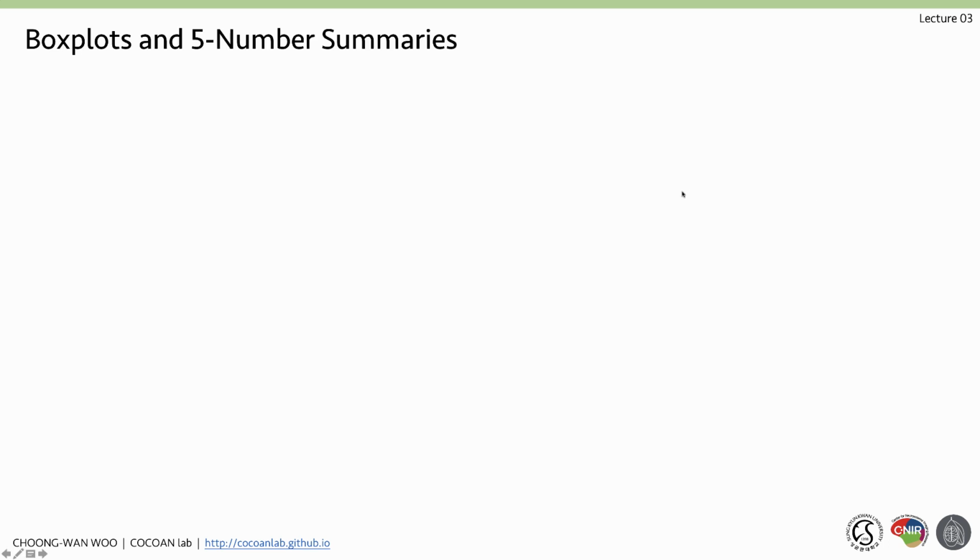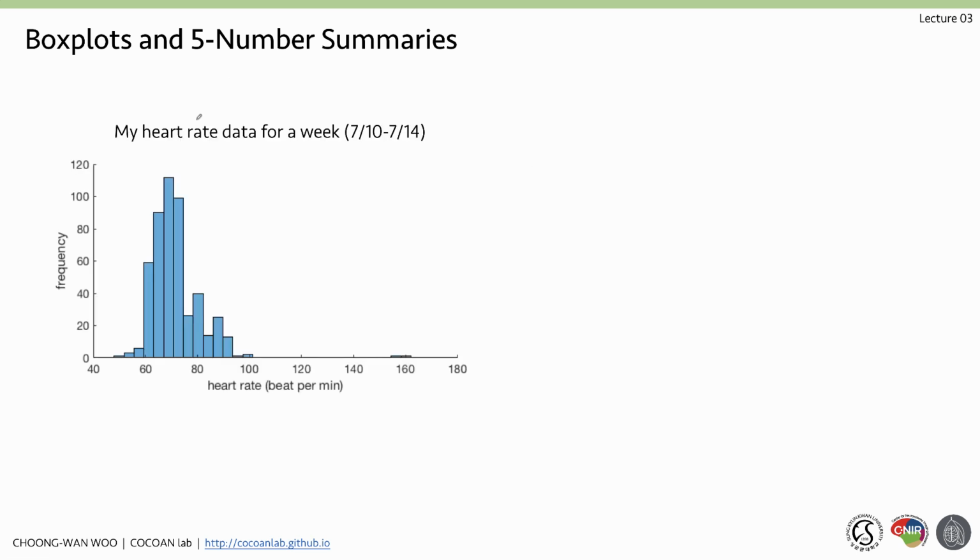So these values are used in box plots, and we can use those as 5-number summaries. I actually collected data from my smartwatch. That is my heart rate data for a week, a couple of years ago, July 10th to 14th.